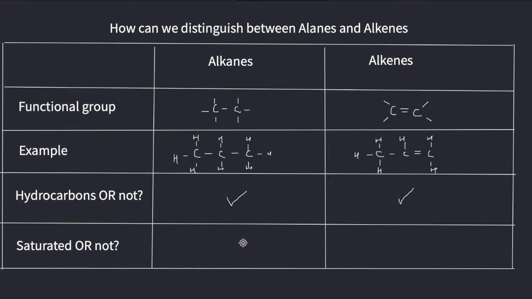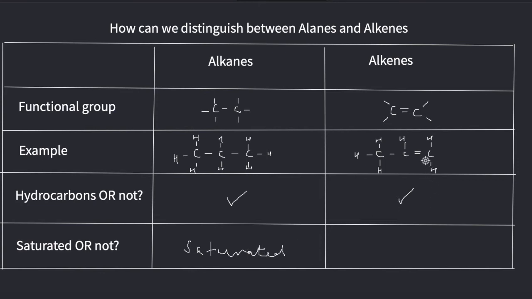Is it saturated? How do you understand? Saturation means all the carbon bonds are engaged. There is no potential to bond with any other atoms. So for this one, it's a carbon-carbon single bond. All the bondings are engaged. It is a saturated hydrocarbon.